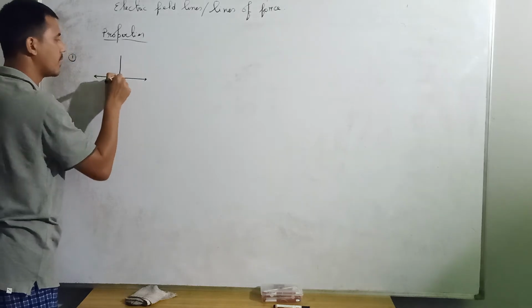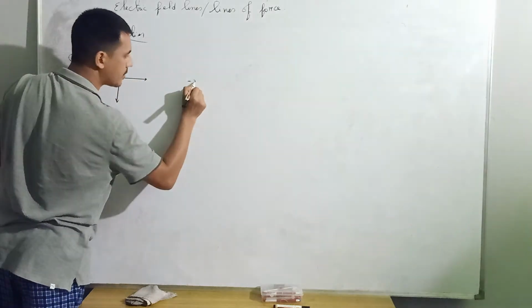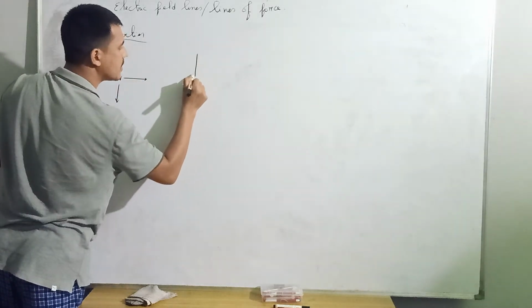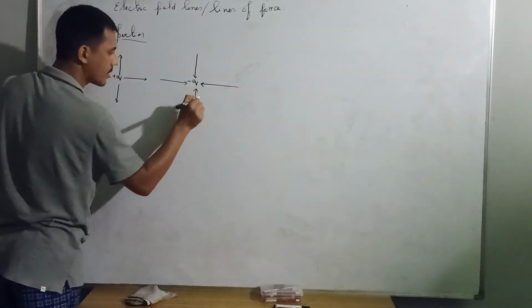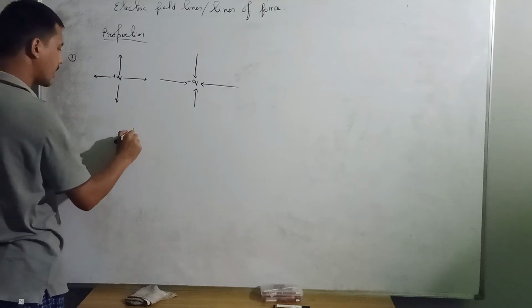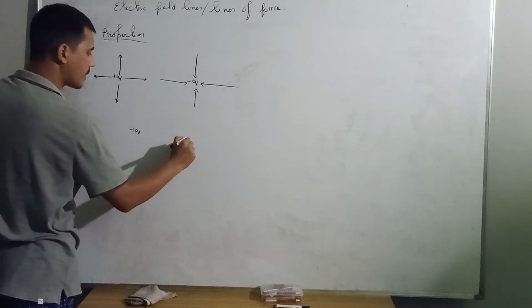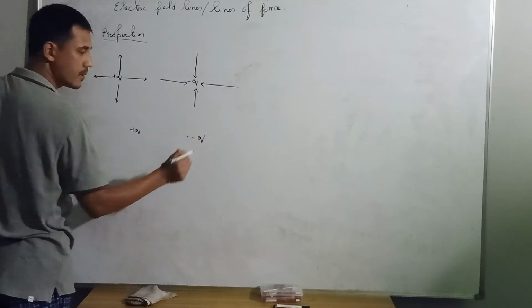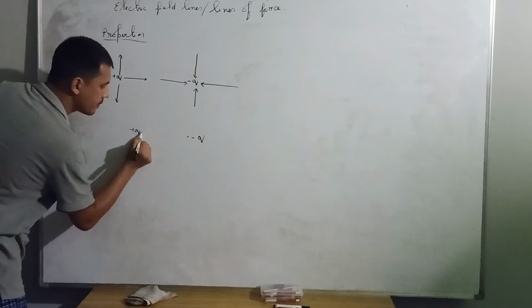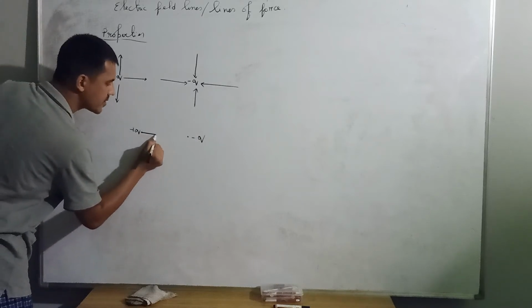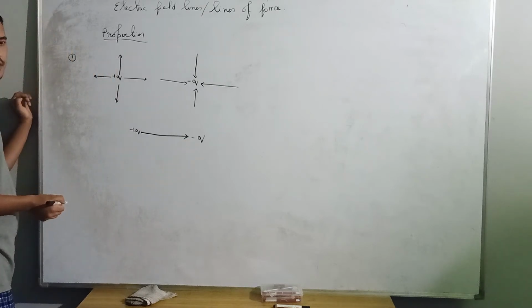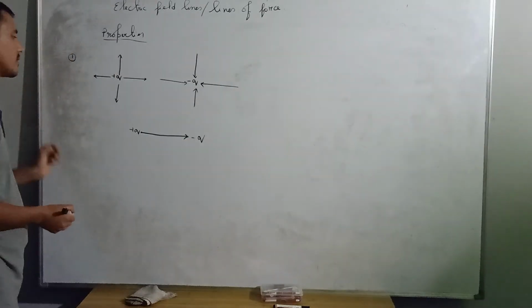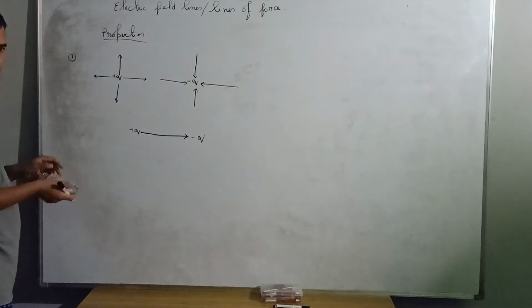And for a negative charge, the electric field lines terminates. Is it okay? When you are keeping a positive charge over here and negative charge over here, what will happen? The electric field line will originate from the positive charge and terminate on the negative charge. Is it okay? Yes. So that is the first property.